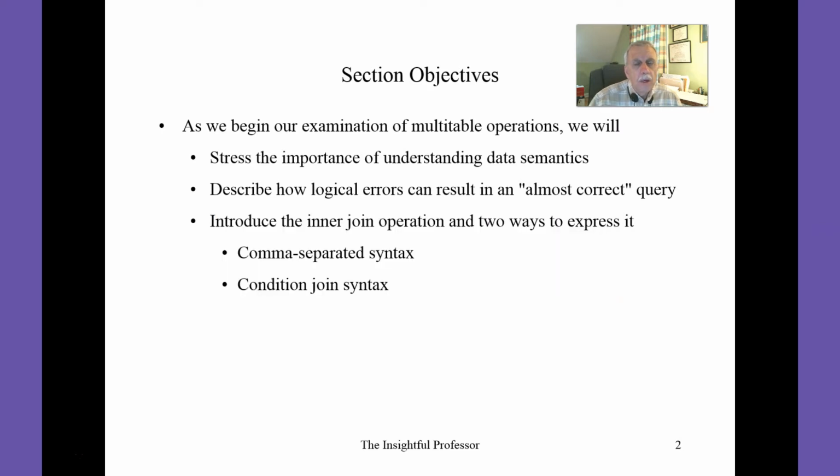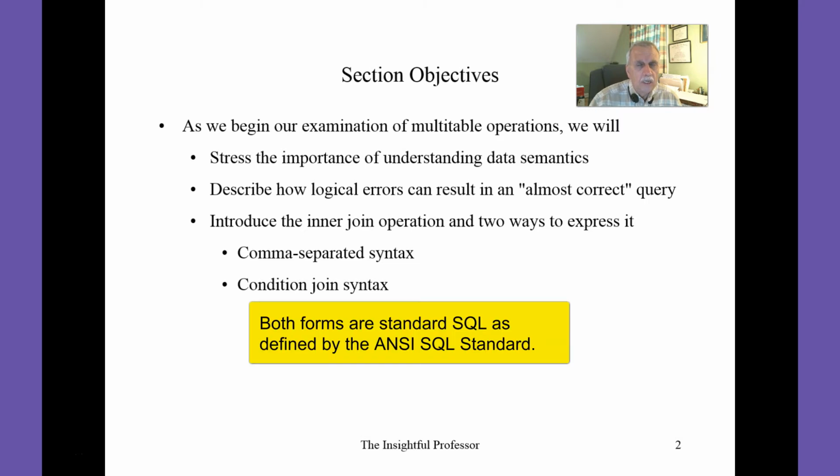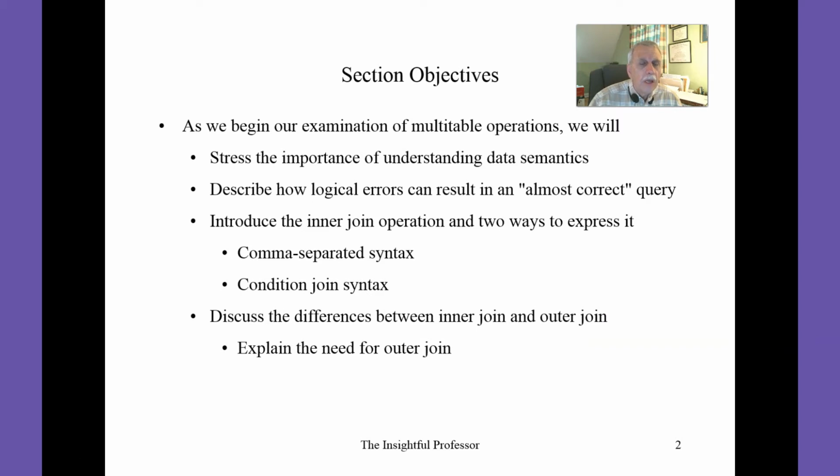So we'll examine the join operation, and we'll see that the inner join supports two different ways of being expressed, two different syntactic structures. One is called the comma-separated join, and the other is referred to as the condition join. We'll then expand our discussion of join, moving from inner join to outer join.